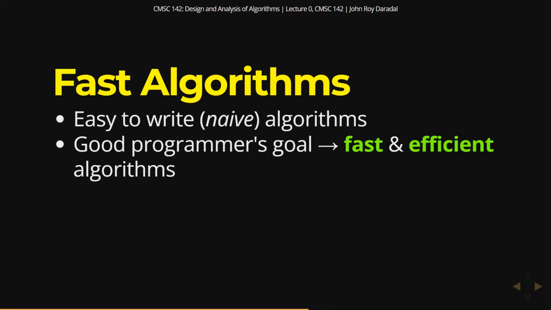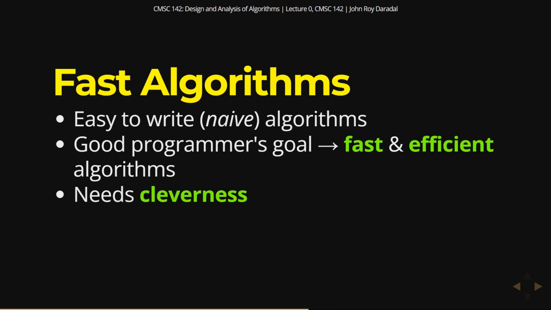Fast meaning it runs in a short amount of time, and efficient meaning it uses its resources in an efficient manner, meaning it doesn't waste resources like memory or network bandwidth or time. Time is also a resource, right? So fast and efficient algorithms should always be our goal.